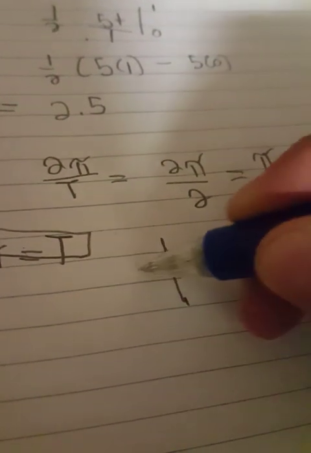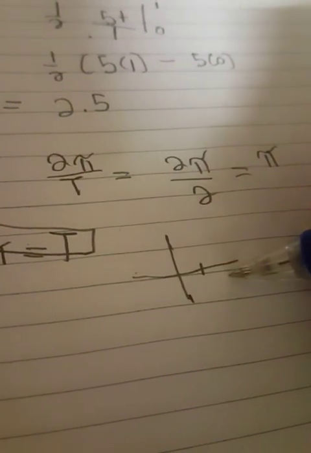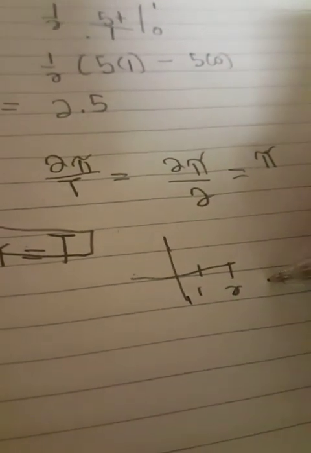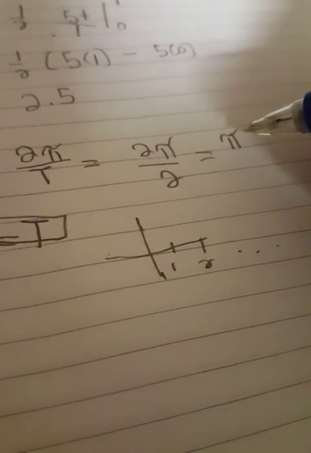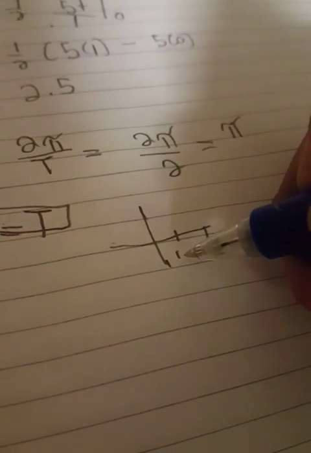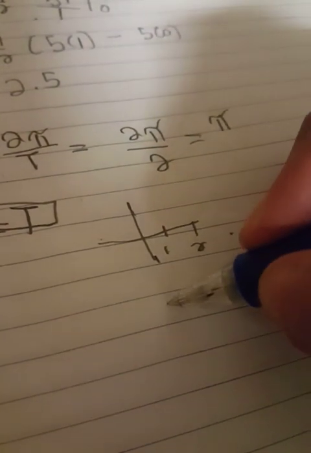But what did we do over here? What is this number, this pi? Before, we had a graph with numbers like 1, 2, and so on. But here, instead of 1, this becomes pi.